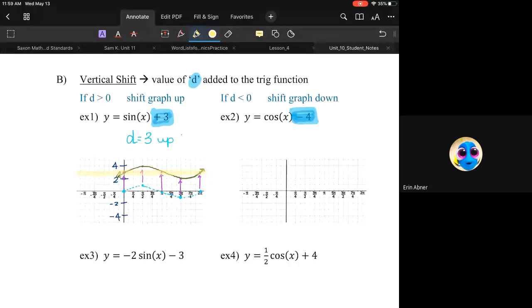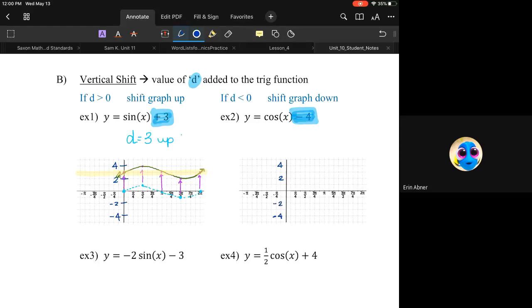So that's my new 0 value. So for this one, I'm going to mark up my graph first. So first things first, I'm going to count by 2. 2, 4, negative 2, negative 4.